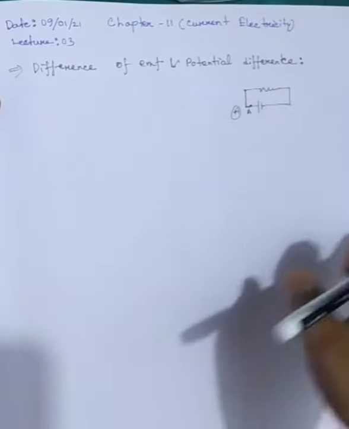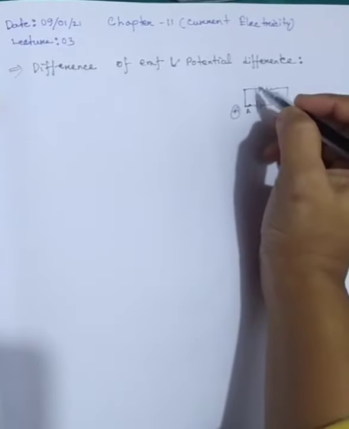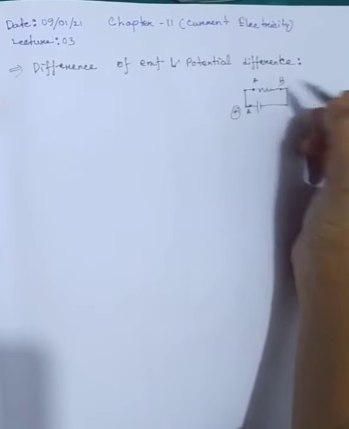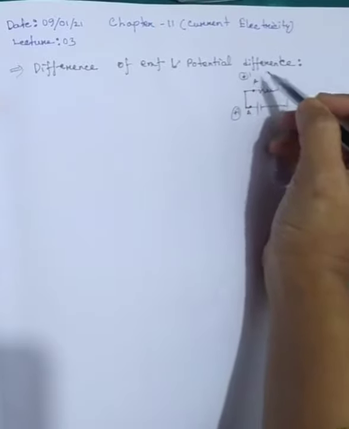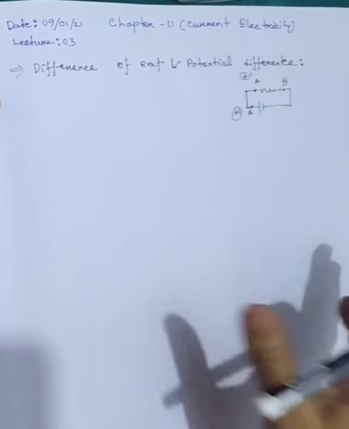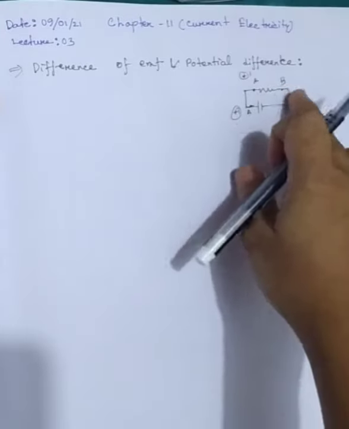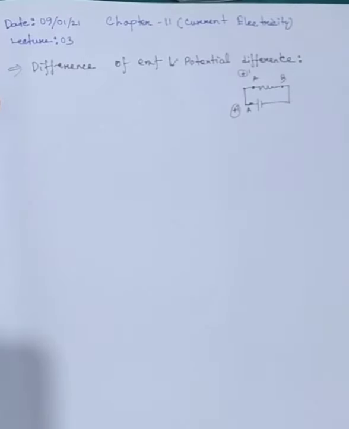But for potential difference, we take two points A and B, and the total work done in driving a positive unit charge from point A to point B will be the potential difference between A and B. There is no mandatory fact that you have to travel the whole circuit including the battery. This is one major difference.